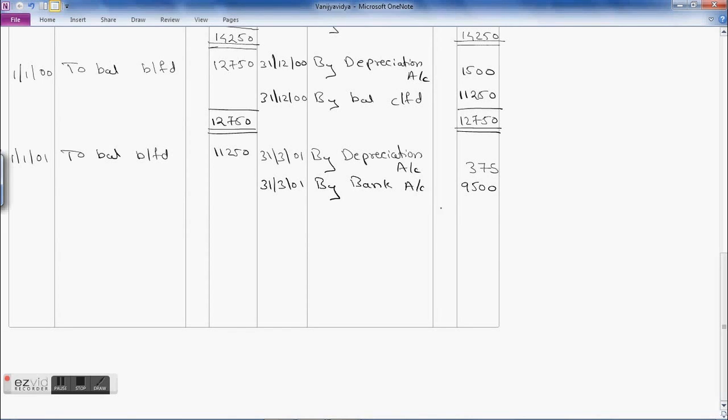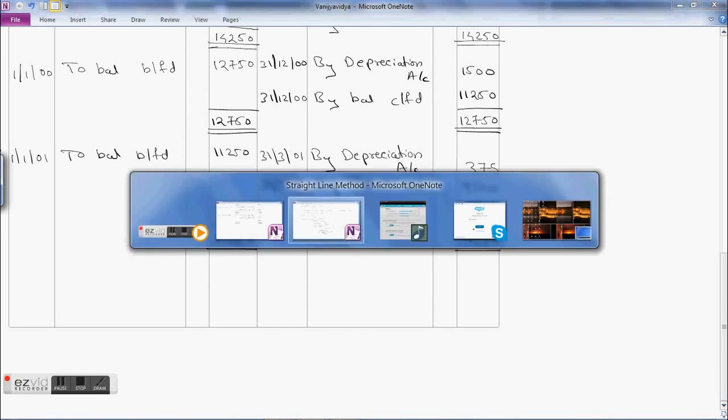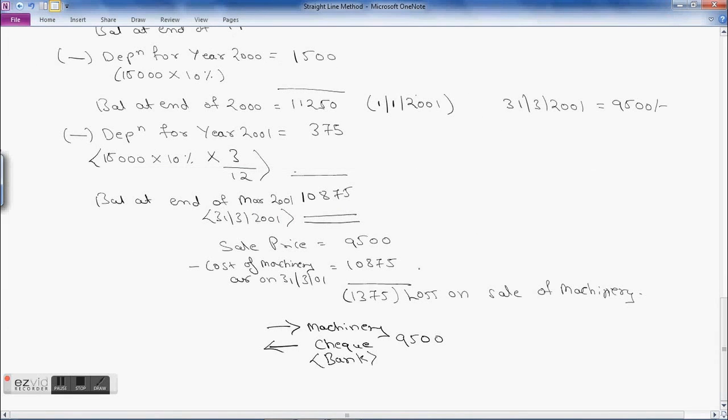right? Now we will balance this machinery account. Now there is no machinery in this. We balance this machinery account and try to find out the closing balance. So 11,250 minus 9,500 minus 375, how much does it come to? 1375. Now if you go to our working sheet, we will come to know that 1375 is a loss on sale of machinery.